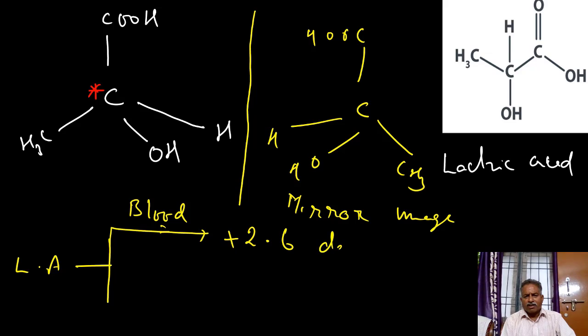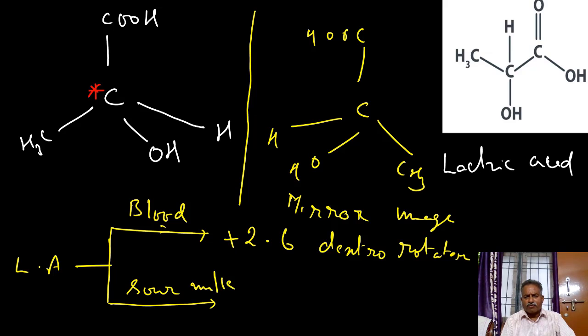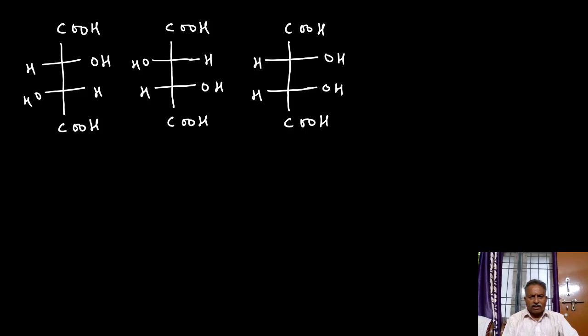Therefore, it is dextrorotatory. The other one is found in sour milk. One more enantiomer is found in sour milk with specific rotation minus 2.6 degrees. Therefore, it is levorotatory.